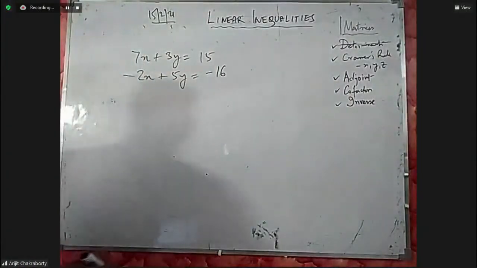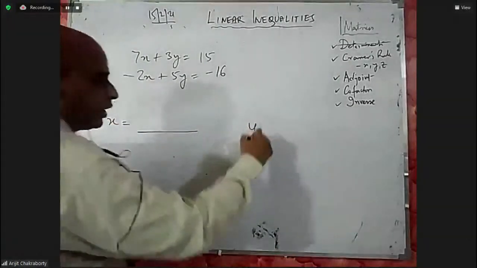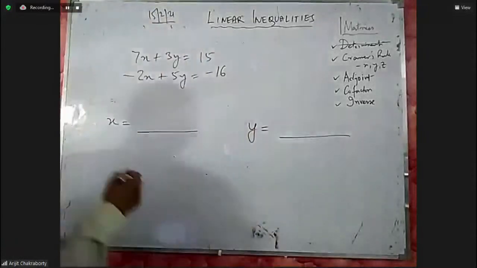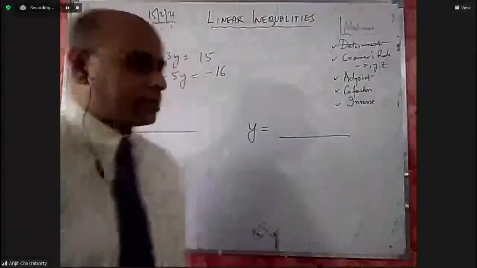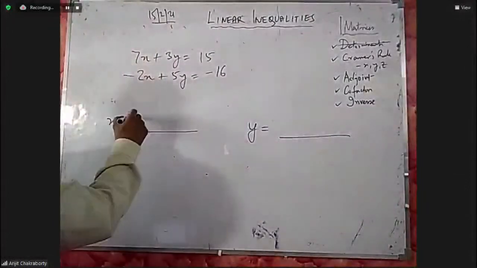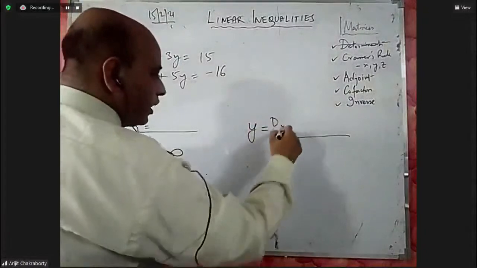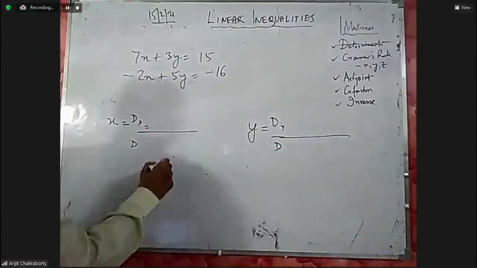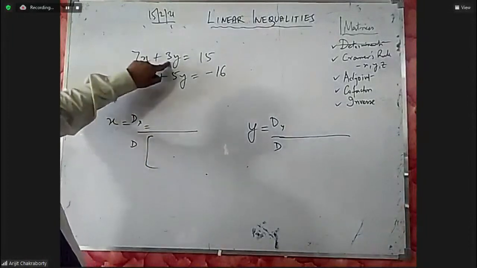Please see the equations and let us see if we can work it together. Let me work it out. We know x is equal to dx by d and y is equal to dy by d. So what will d be equal to? D is the coefficient of x, the coefficient of y.